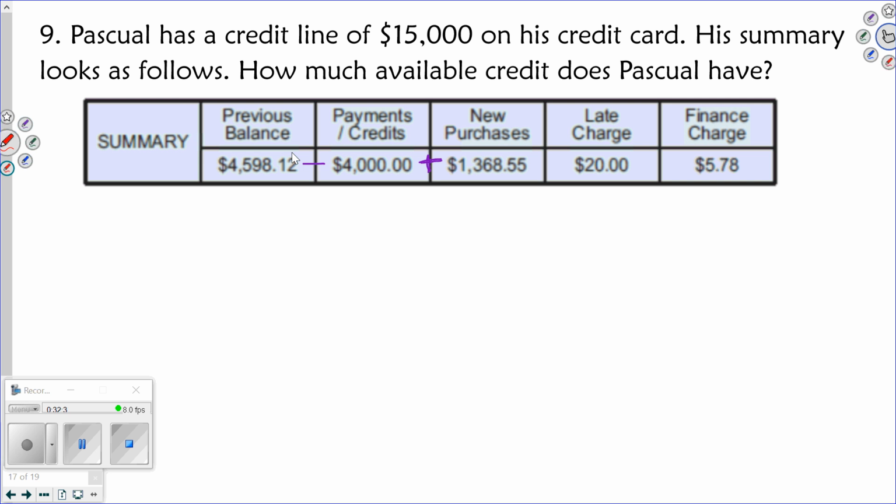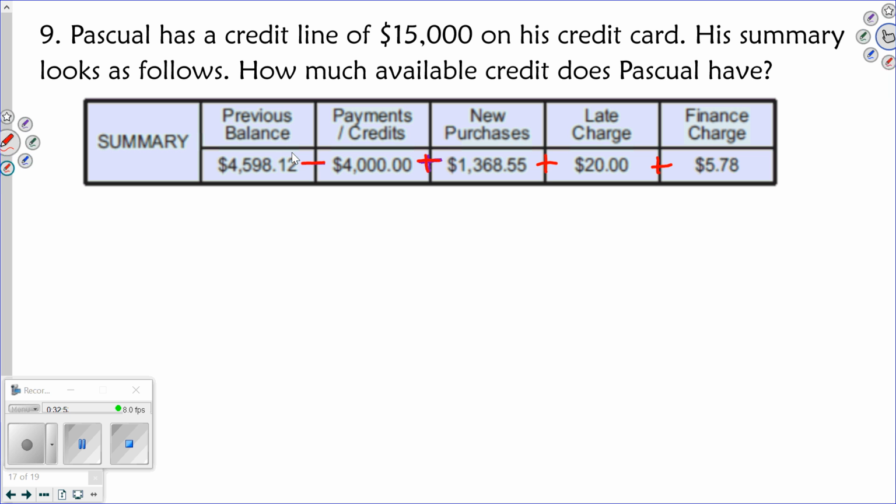Subtract there. We're going to add that. Late charge gets added on to how much you owe, unfortunately. And a finance charge, that gets added on. So the only thing that gets subtracted from those balances is the payments that you've made.